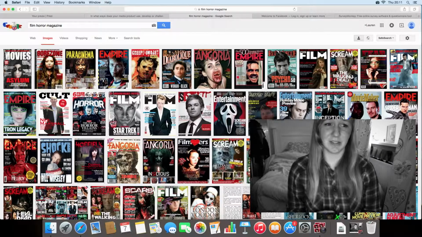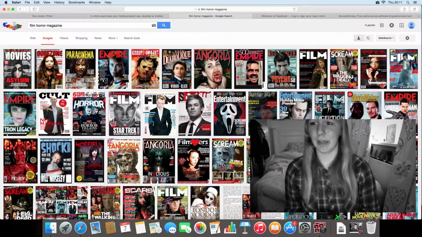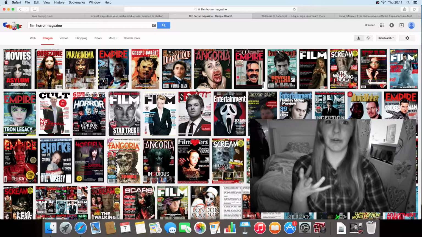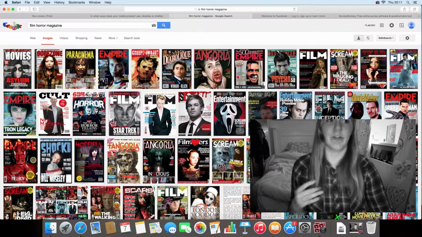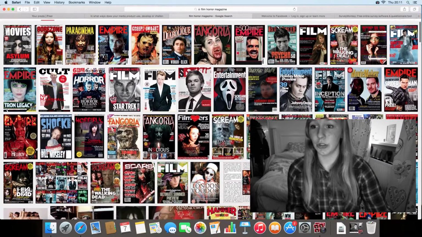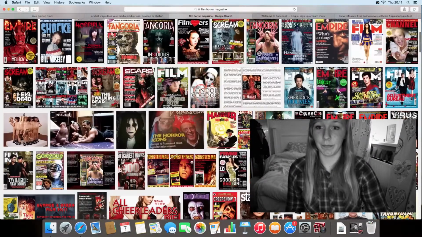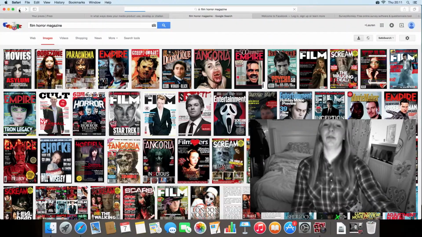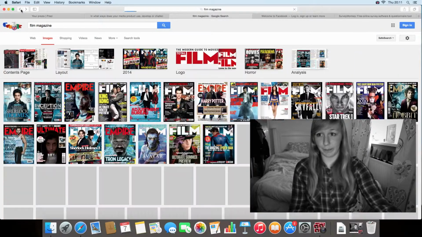Some of the ones that are actually out there, I'm not even sure if they are professionally made magazines or whether a student's made them, but they just look tacky. So I decided to go for a general film poster with a horror theme.